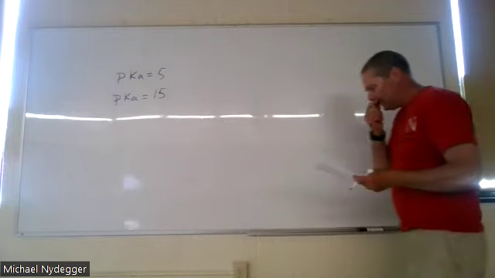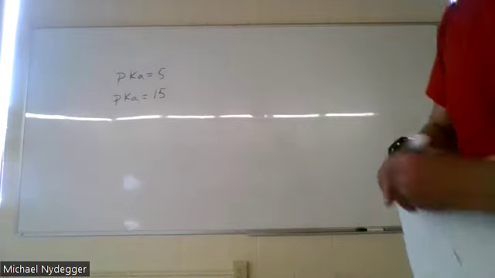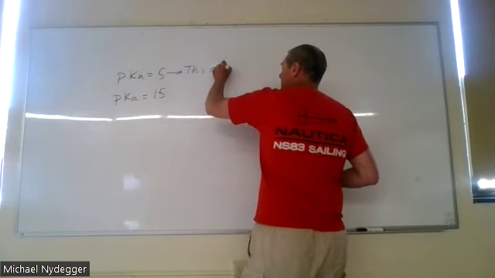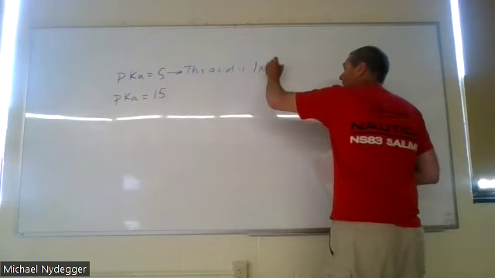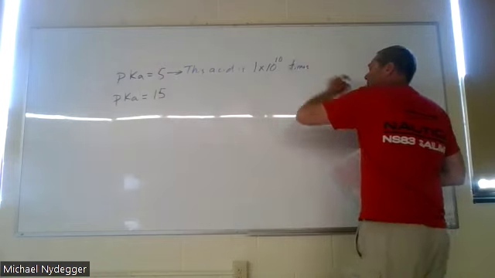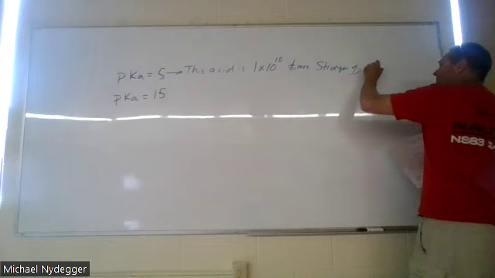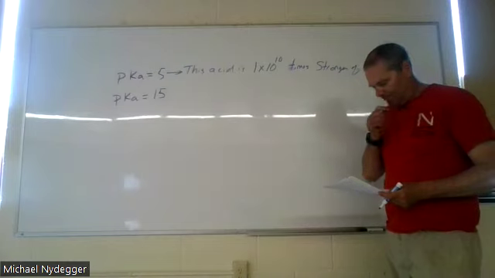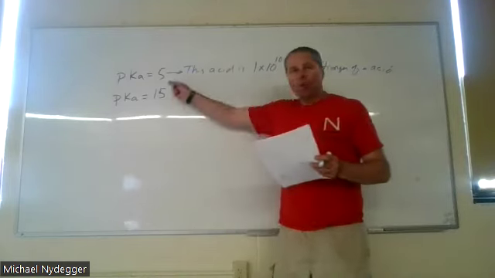What this indicates to us is that this acid, are you ready for this, is 1 times 10 to the 10th times stronger of an acid. Does that make sense? Because this is on the log scale.